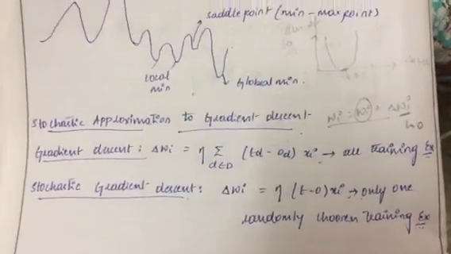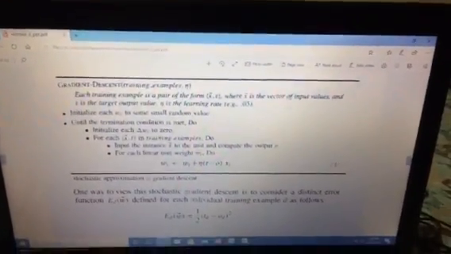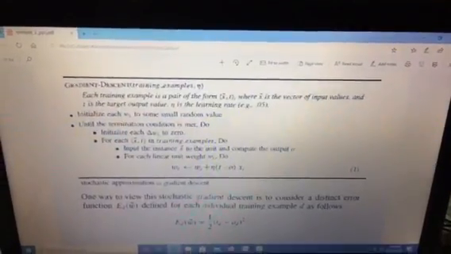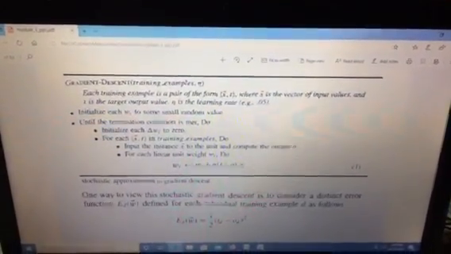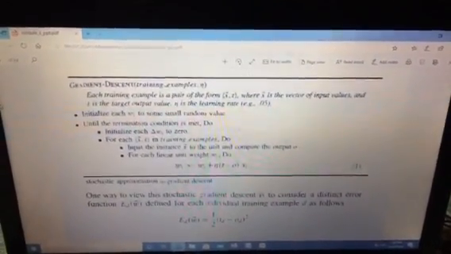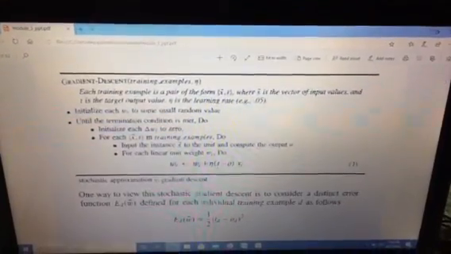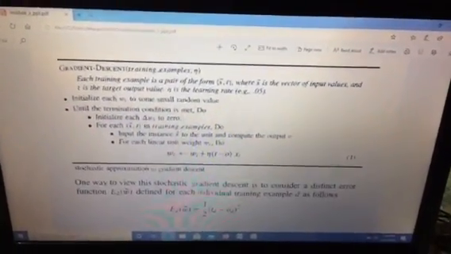What has been explained here is the same thing explained in the PPT also. Next slide. Our next topic is the stochastic approximation to the gradient descent algorithm. We have seen the gradient descent algorithm. Now what changes are we making to it? It is seen here.